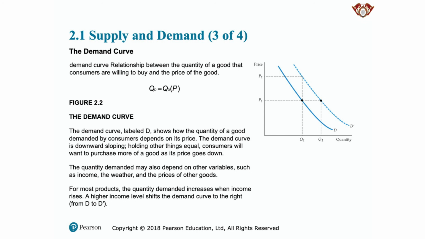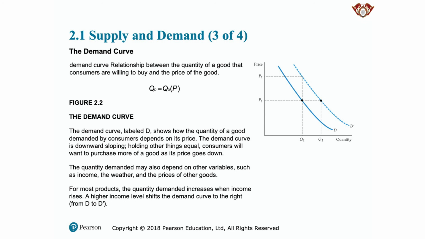That is the law of demand, simply talking. The quantity demanded may also depend on other variables, such as income, weather, and price of other goods. For most products, the quantity demanded increases when income rises. A higher income level shifts the demand curve to the right, from this one to this one. So other variables are shifters of the demand curve, right?